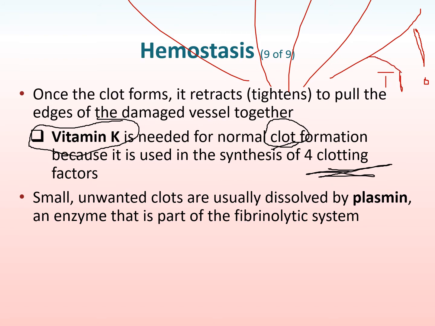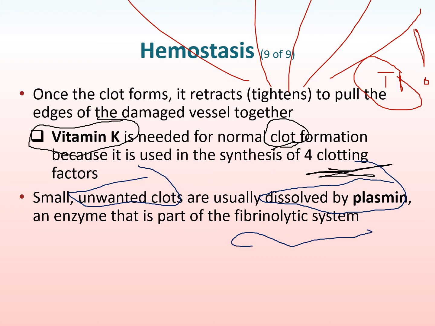Another thing is this chemical, plasmin. This is another thing you should know, that small unwanted clots are usually dissolved by plasmin, an enzyme that is part of the fibrinolytic system. What in the world is the fibrinolytic system? Your body has a system to make blood clots, but it also has a system to get rid of blood clots. And plasmin is one of the stars of that show. So you should know about plasmin.